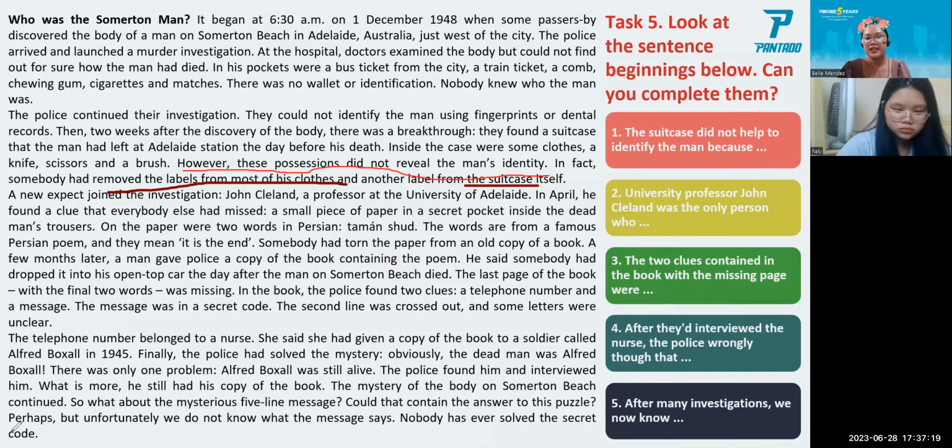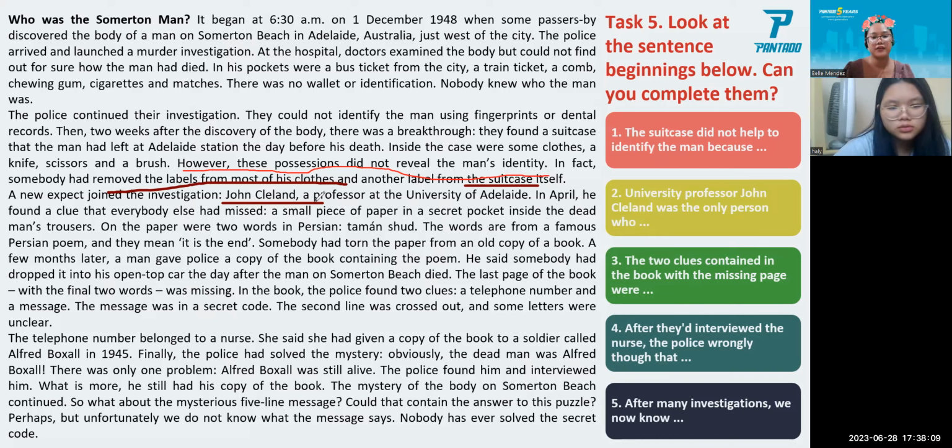Okay, number two. University professor John Cleland was the only person who... new expert join the investigation?